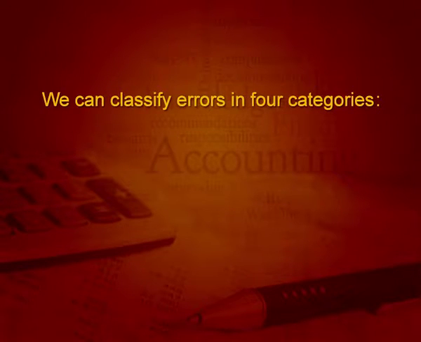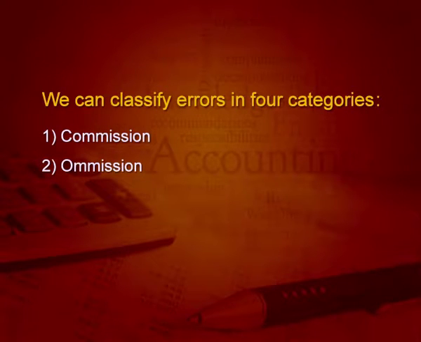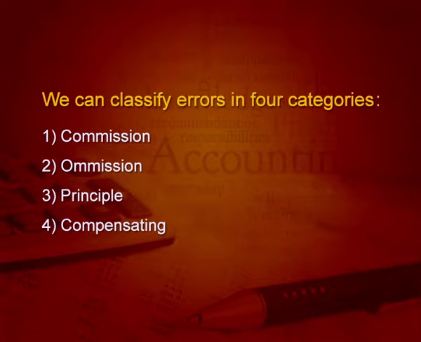In totality, we can classify them in 4 categories. First, error of commission, second, error of omission, third, error of principle, and the fourth, compensating errors.